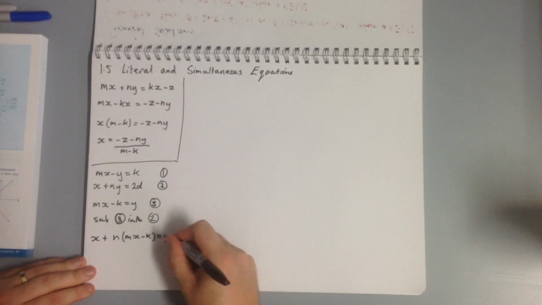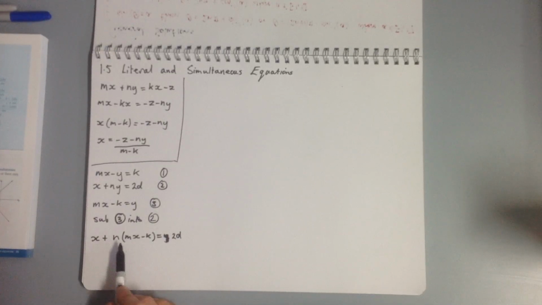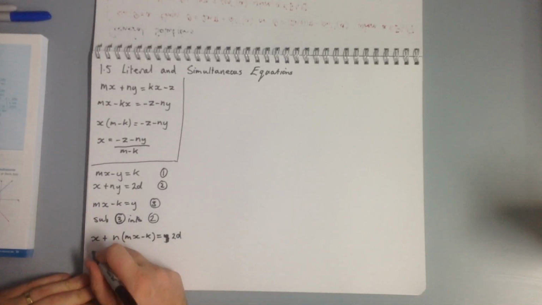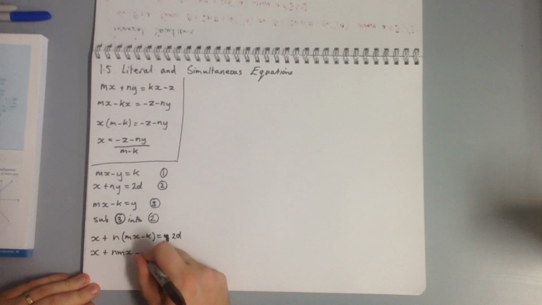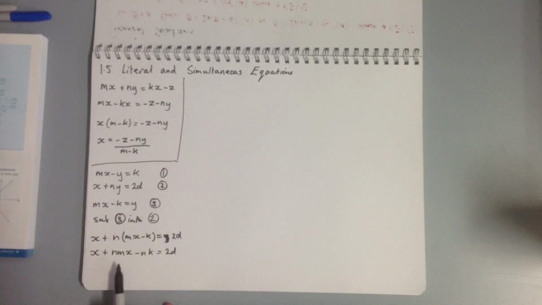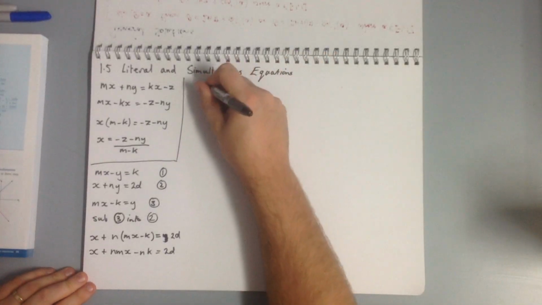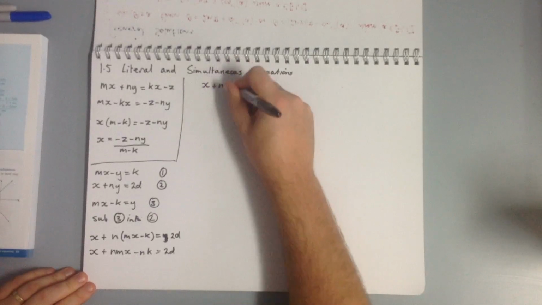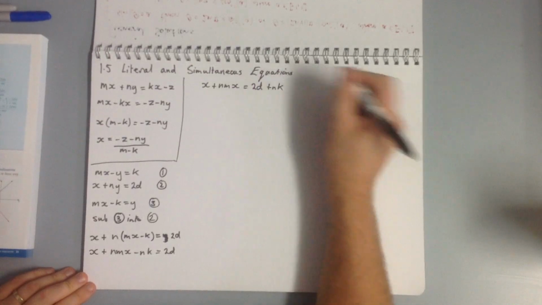equaling 2d. Now we're going to expand out these brackets, so we get x plus nmx minus nk equaling 2d. Then we're going to move our nk away, so x plus nmx equals 2d plus nk.